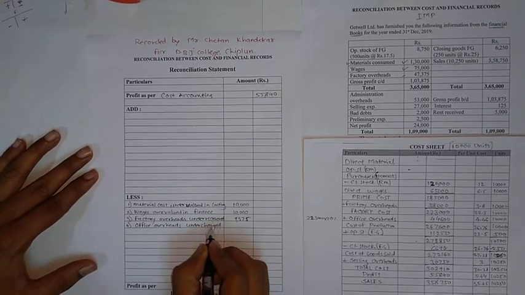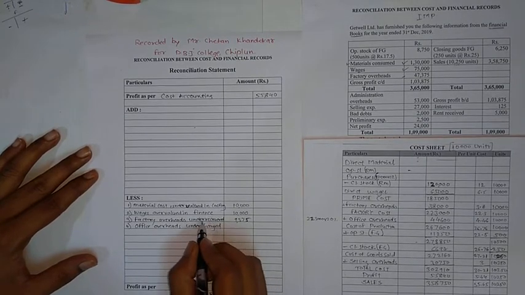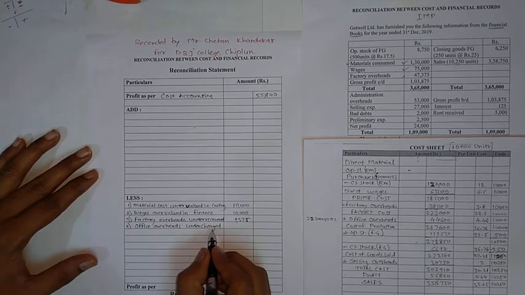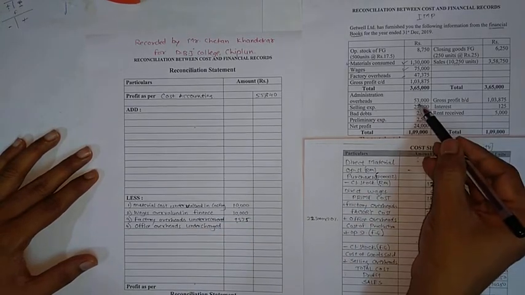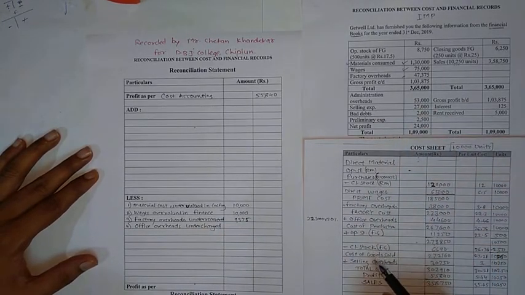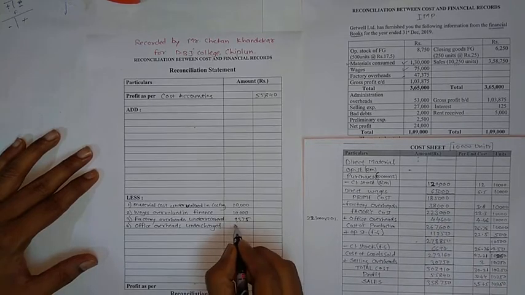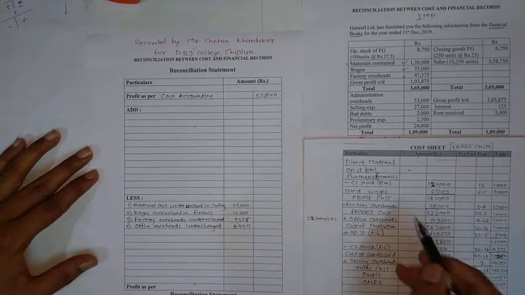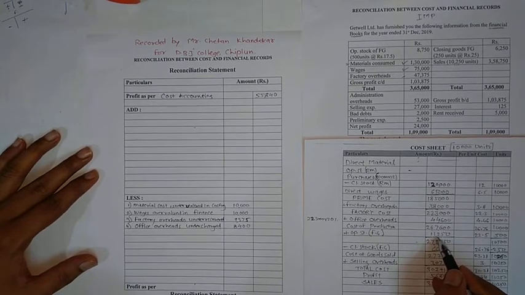We are just changing the word in order to understand various types of words. Under recovered is equal to under charged. Both words are used in costing. Now difference is 53,000 in finance and 44,600 in costing, so it is 8,400.